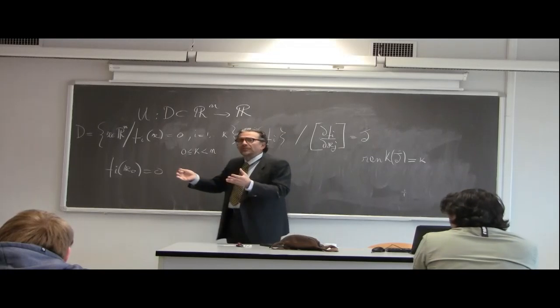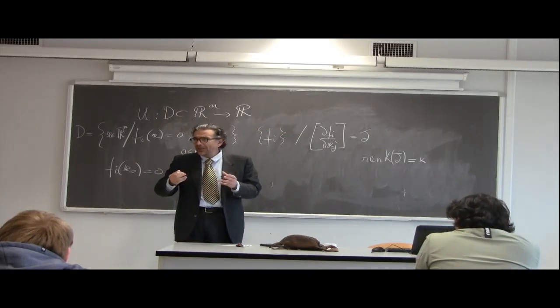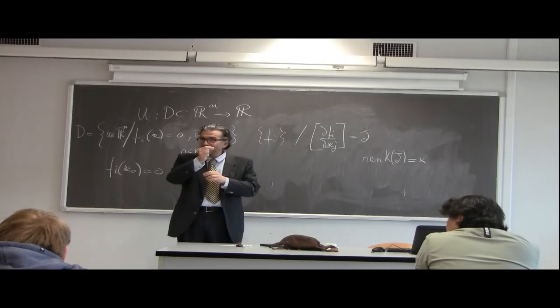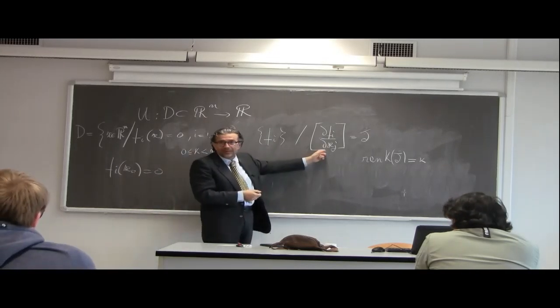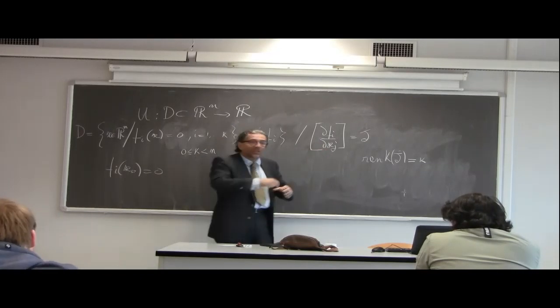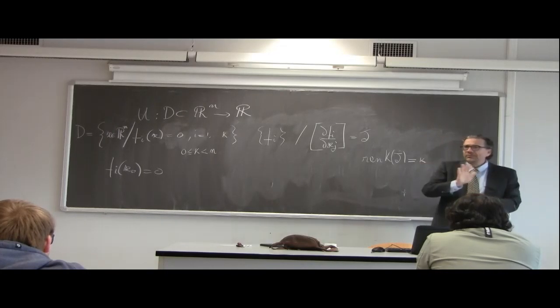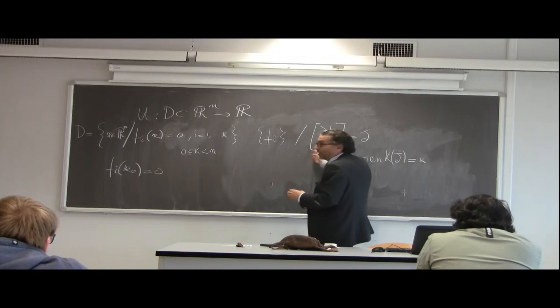A cone is a surface embedded in R3. There are difficult problems when you are at the vertex of the cone, because this condition is not verified there. But in all the other points of the cone, you have a tangent plane. So this condition is verified.